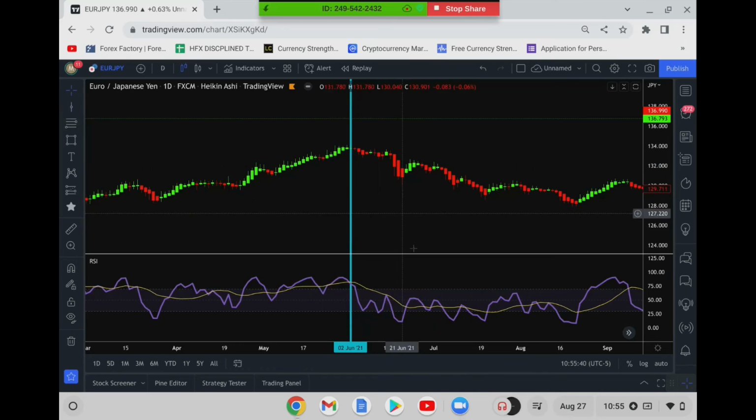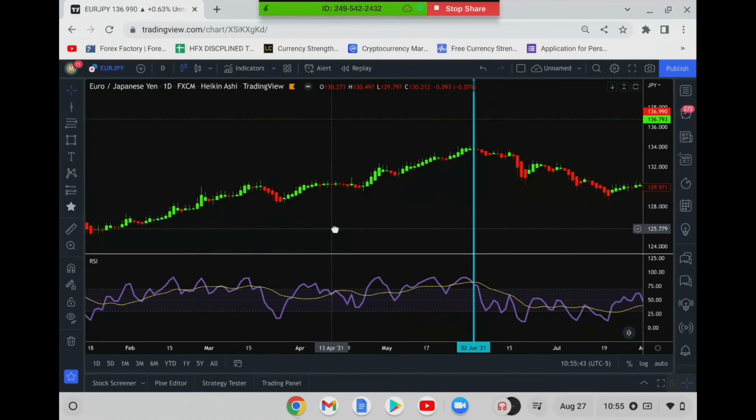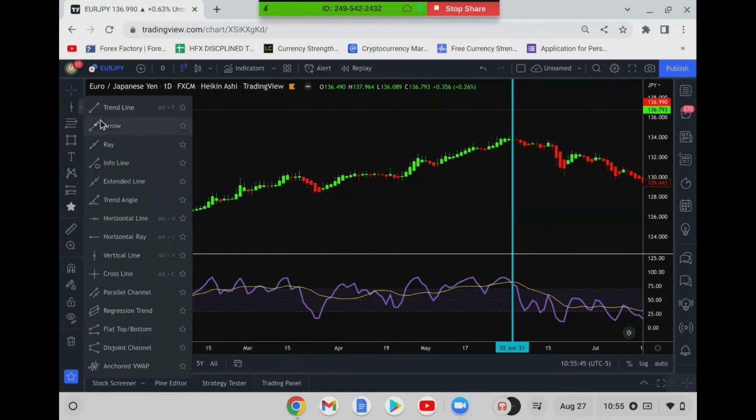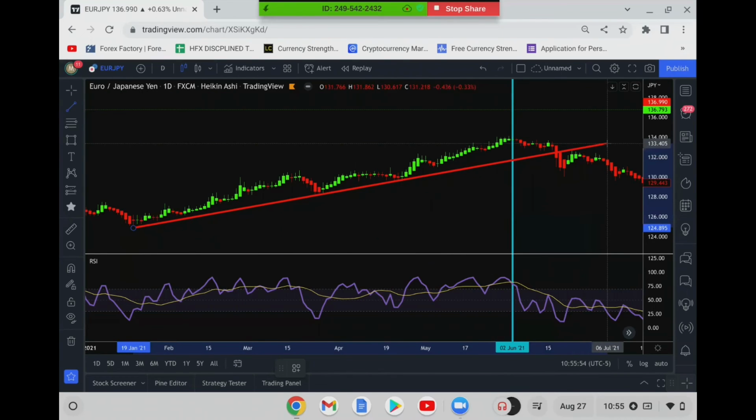at this blue line. So as you guys can see back here, we had an ongoing uptrend. Right, this was our ongoing uptrend.